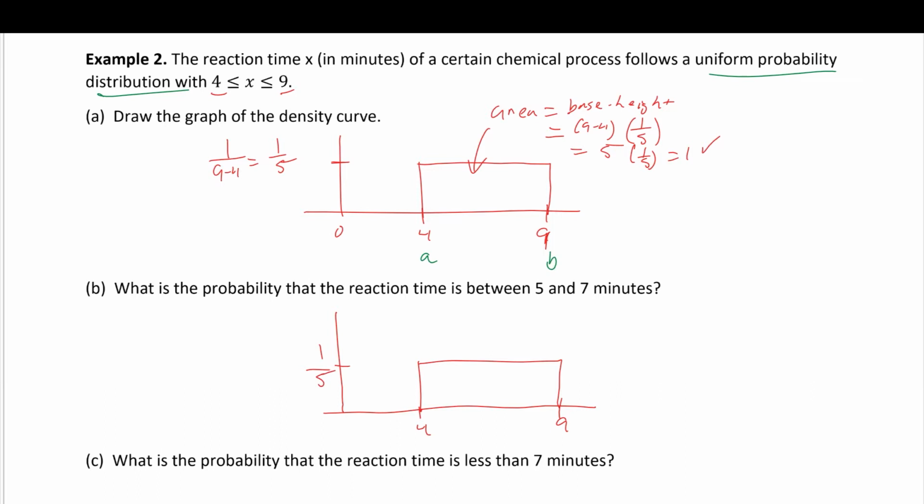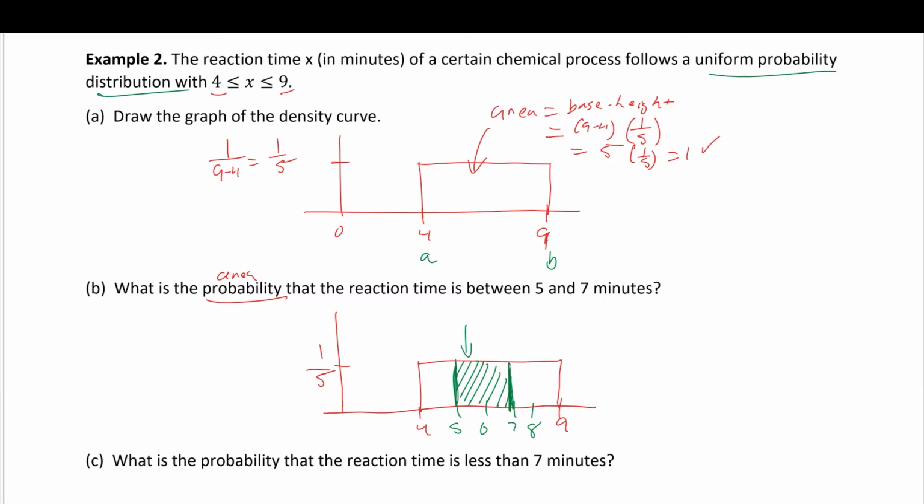If we're looking for the probability, that means area underneath the curve, that the reaction time is between 5 and 7. I'm going to break this up: 5, 6, 7, 8. We're looking for reaction times between 5 and 7. We're looking for that area.